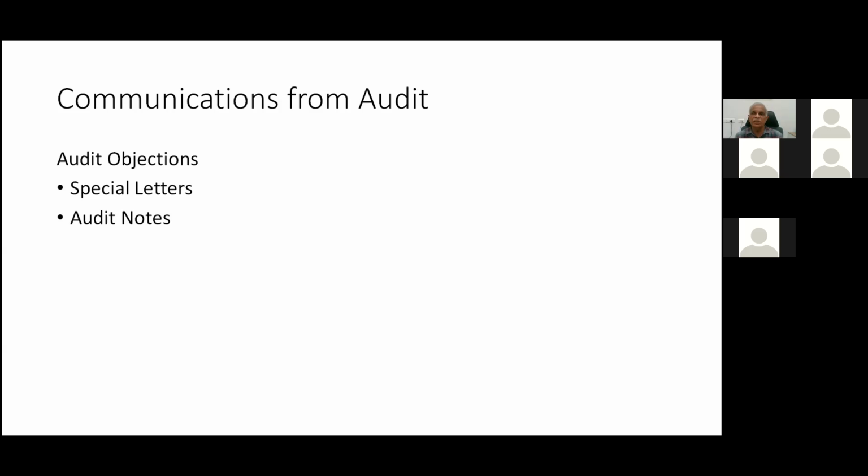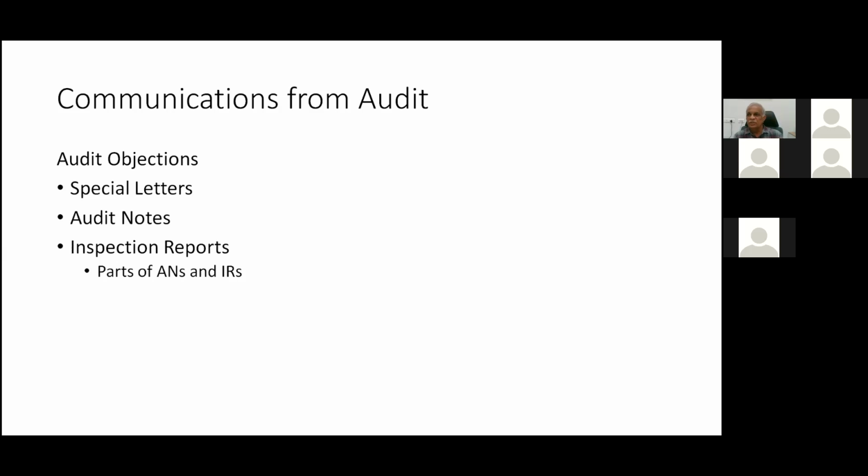Some amount has to be recovered, we have not recovered, or some arithmetical inaccuracy is there, because of which some loss was there. Such things will be advised to the accounts department in the form of an audit note. Audit note will be part 1 and part 2. Serious irregularity part 1, minor procedural lapses part 2.